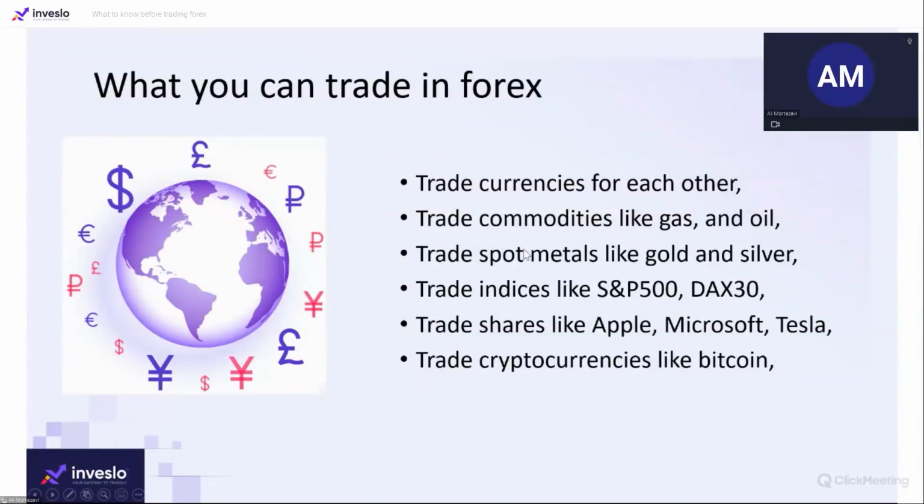You can trade gold and silver and all of those precious metals physically. For example, you can go to a gold shop and find a nice bracelet and buy it, or a ring. Even a bullion. You can go to a gold shop and buy a bullion. But when you buy a bullion, you have to be very careful about your asset because it's very precious, and you have to keep it safe in a safe place.